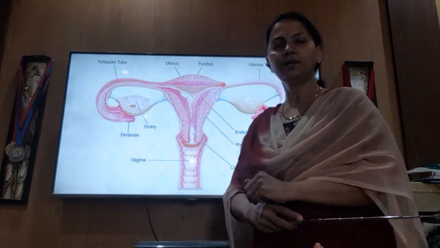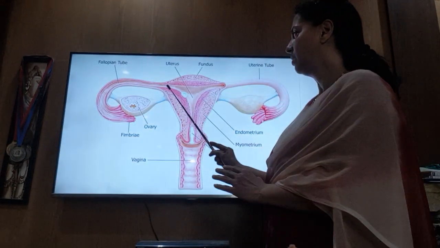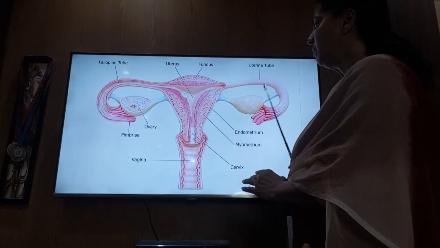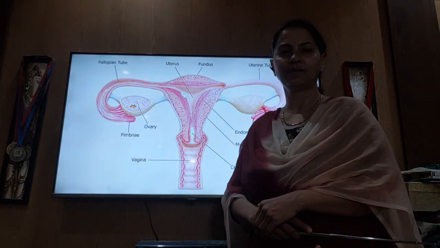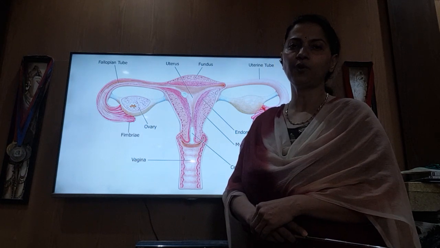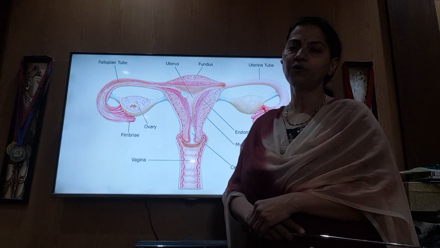There are two more contents which you cannot see in this diagram, and they are nothing but embryonic remnants. So that is epoophoron and paroophoron.